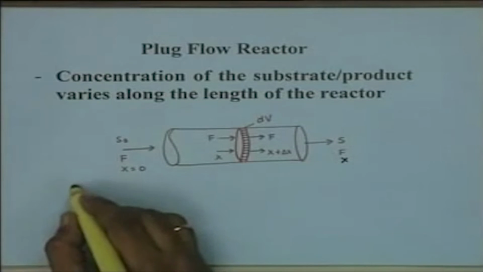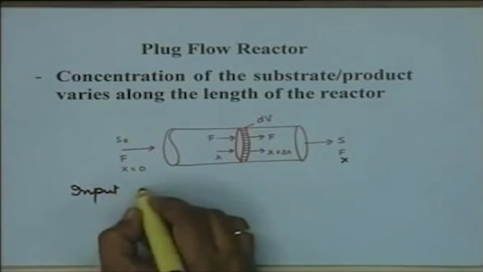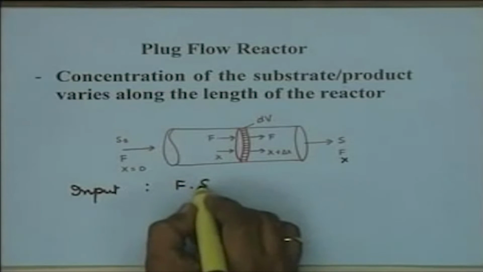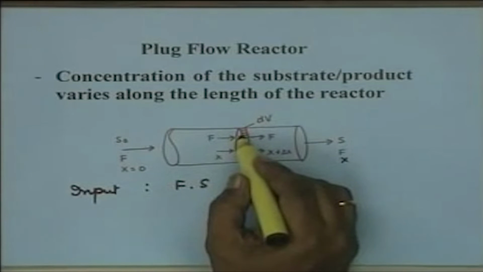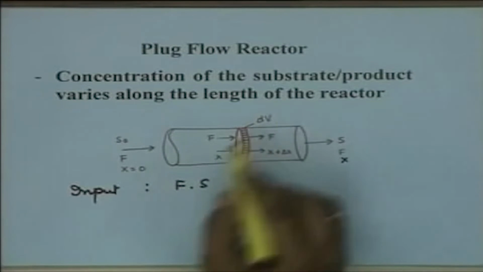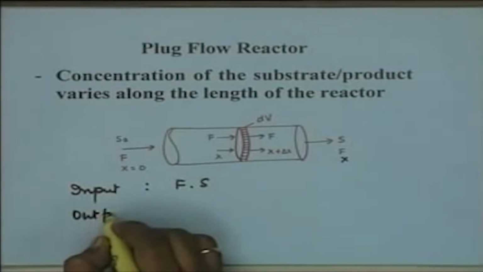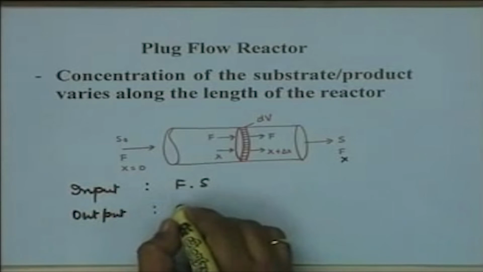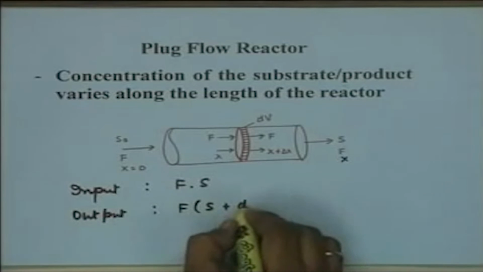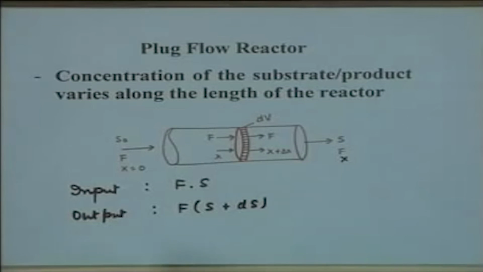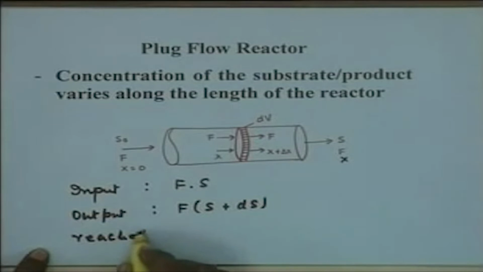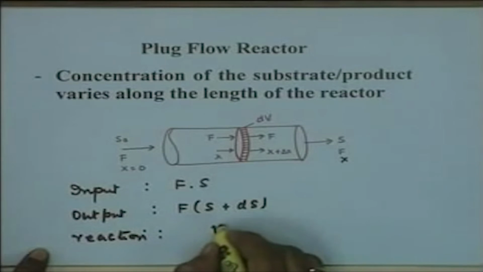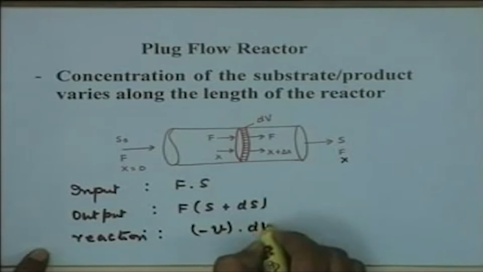Now, input to the system is F into S, and this input I am writing at the entry of the differential element, and the output at the exit is equal to F into S plus dS, and the contribution of the reaction to the disappearance of the substrate is minus v into dV.